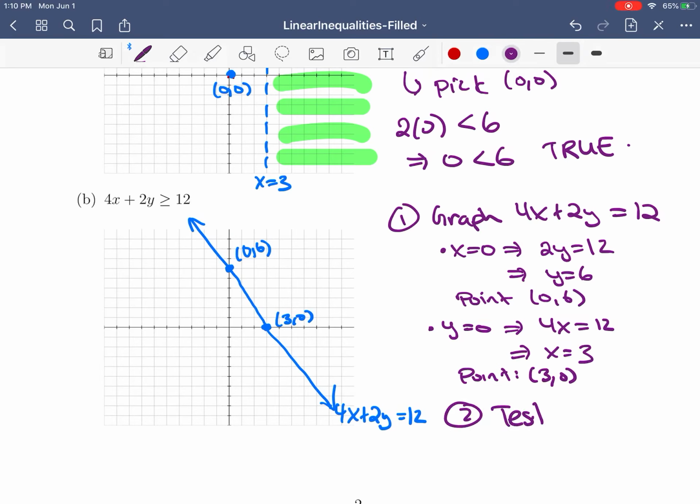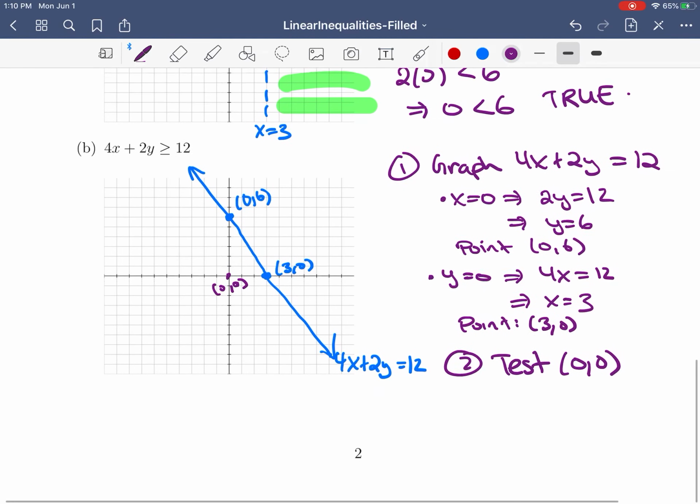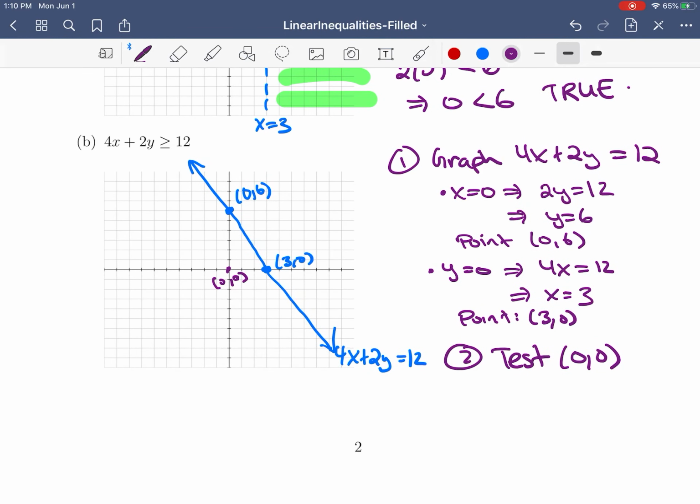Okay, now my step 2 is test a point. So again, I'm going to test 0, 0 because again, I know that this point is definitely not on the line, and it's easy to plug in. So I'm going to have 4 times 0 plus 2 times 0 bigger than or equal to 12. So that says 0 plus 0 is bigger than or equal to 12.